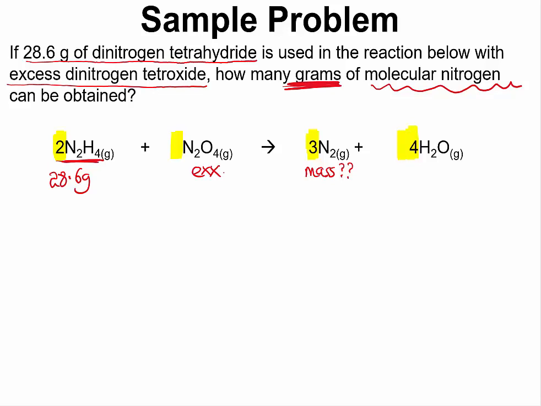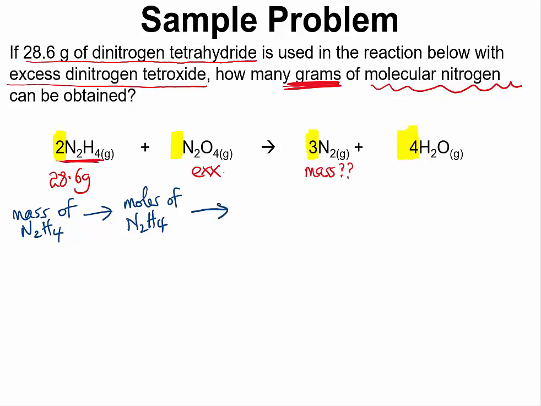Let us now plan how we want to go about solving this problem. We will first convert the mass of N2H4 to moles of N2H4. We have to do that so that we would be able to relate what we know to what we want.